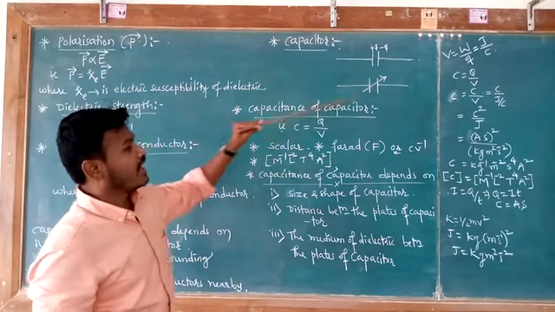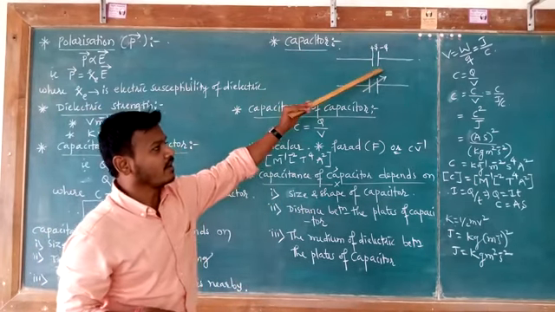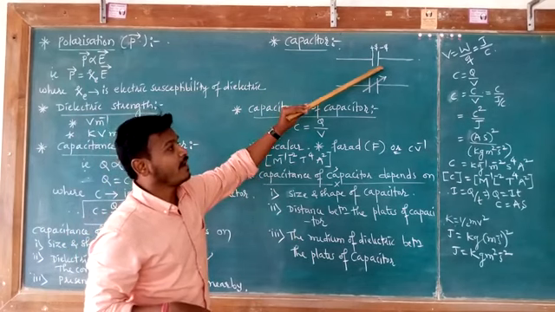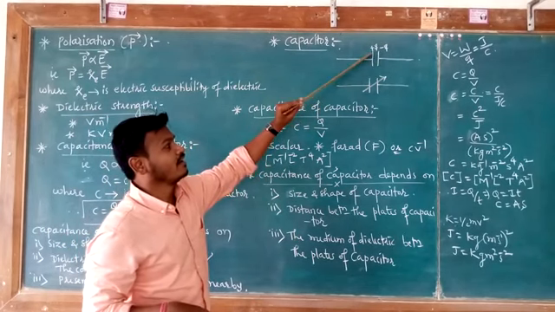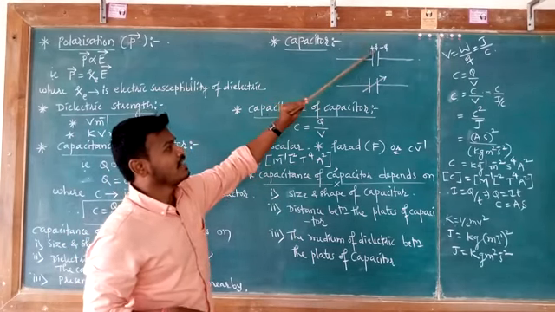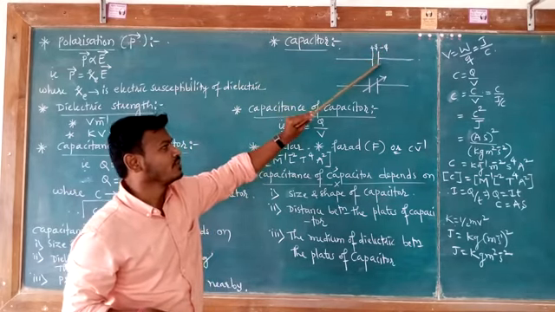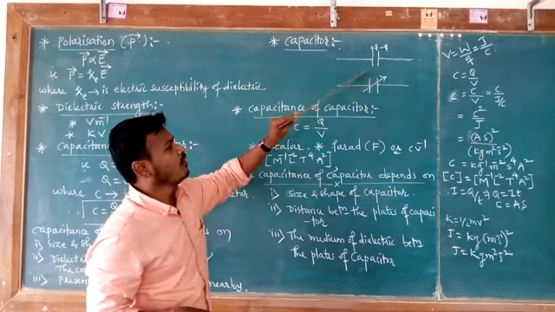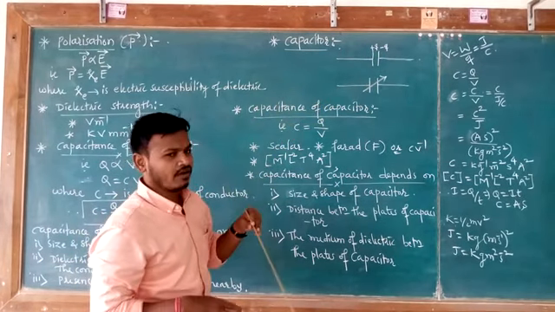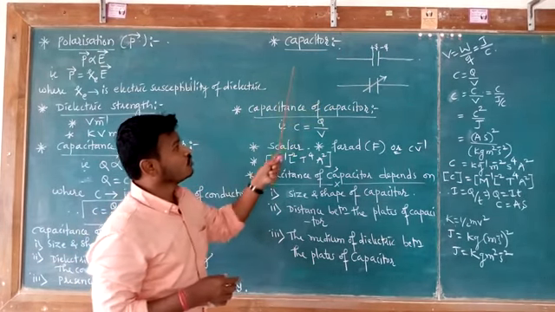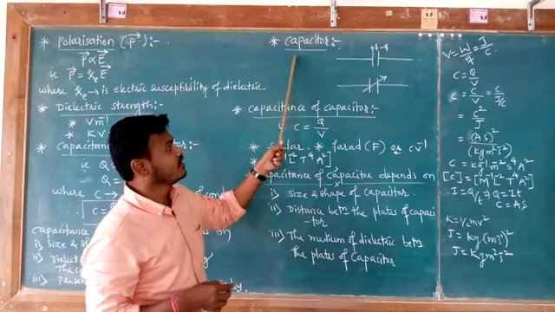Here two conductors are taken, the first conductor and the second conductor. Both conductors are charged by a battery; the first carries positive charge and the second carries negative charge. In between these two conductors is an insulating medium. Therefore, the whole system is known as a capacitor.